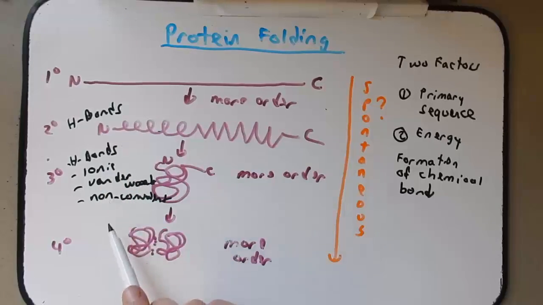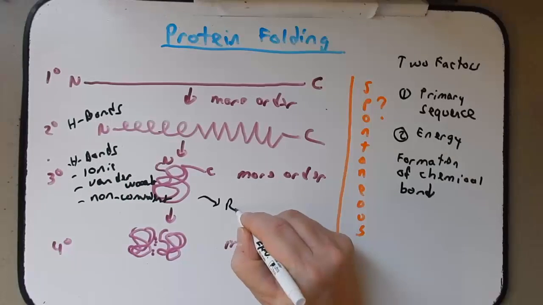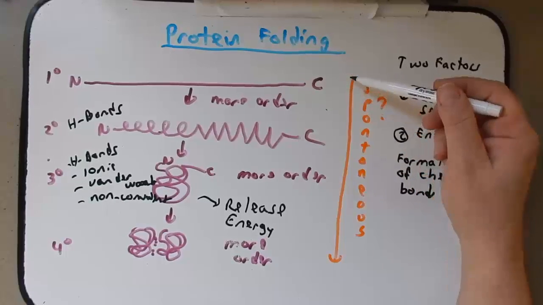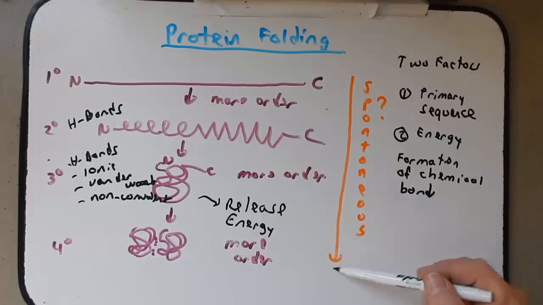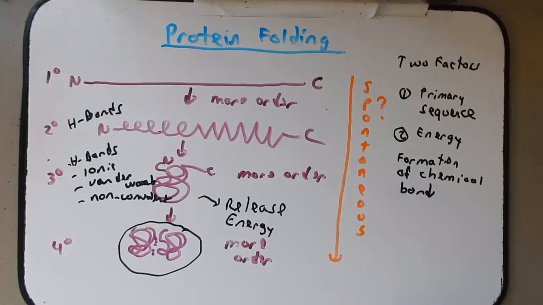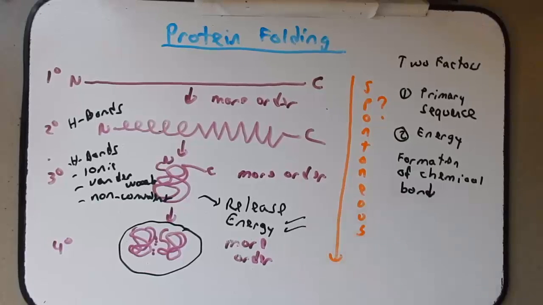And when they spontaneously form, they release energy. And that energy is what helps drive the spontaneous formation of these very highly ordered proteins. And maintaining this order requires that excess energy.